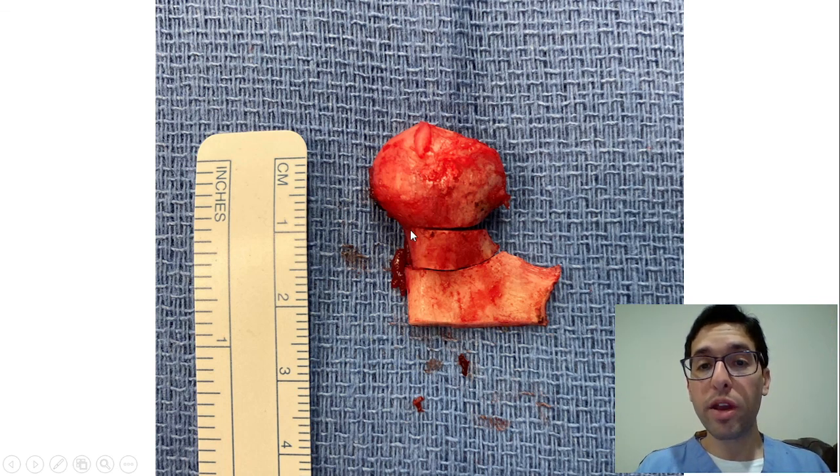So one way we avoid that, besides using a Sonopet, which I also recommend, is we cut it in pieces. You first just cut off the condylar head, and then you push up. By pushing up on the ramus and distracting it up, you're actually pushing the bone away from the IMAX, and that would be a little bit safer.